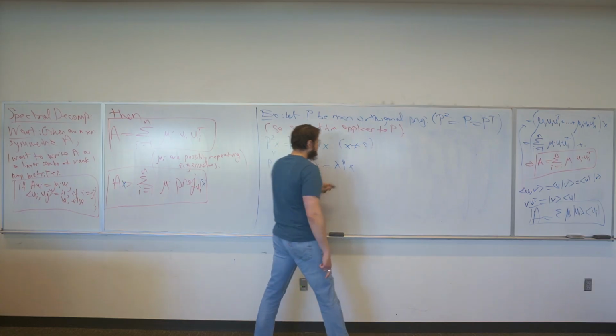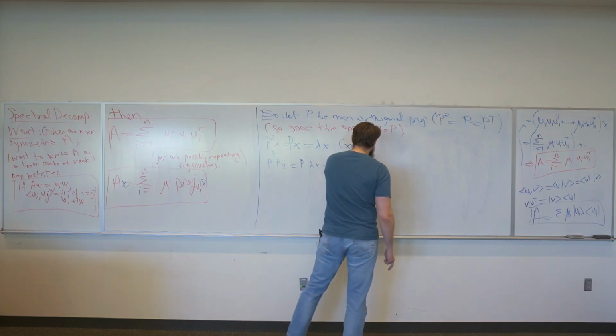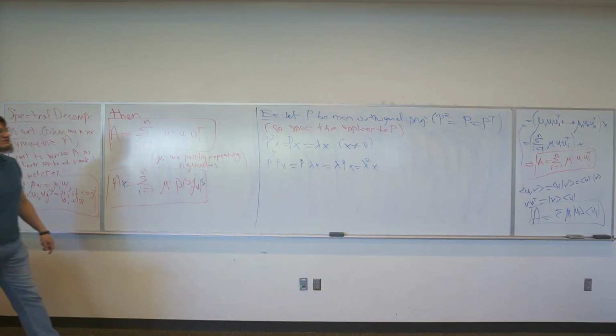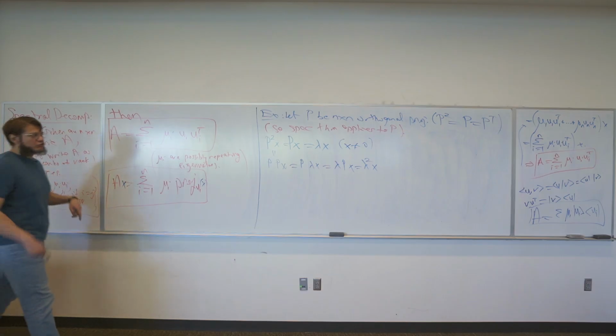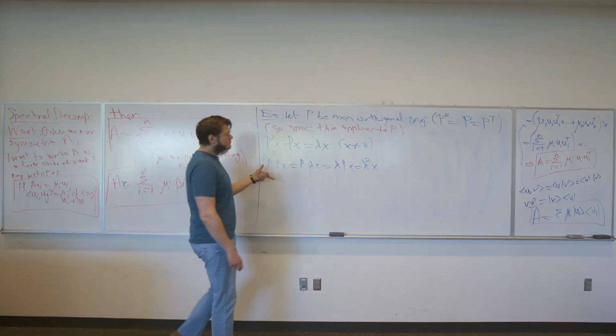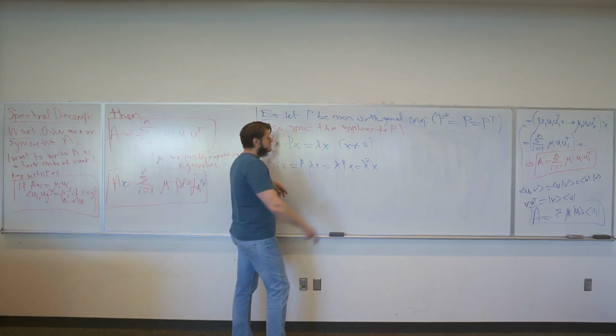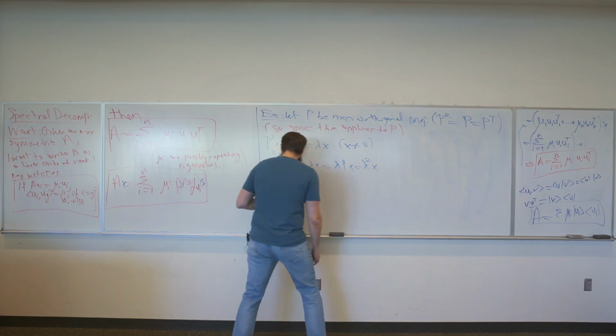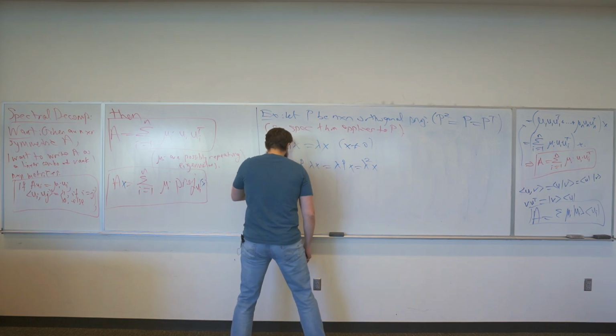Apply the eigenequation again. I have this. So whatever this lambda is, I'm assuming that there's a solution, and you can always assume that there are solutions. It is required that lambda x equals lambda squared x. Consolidating, I have this.